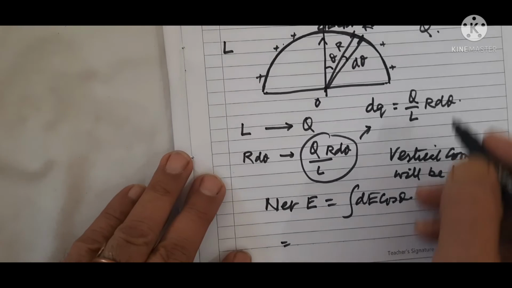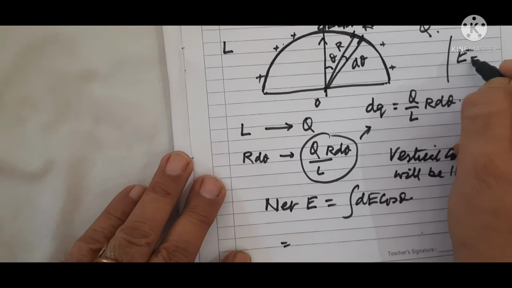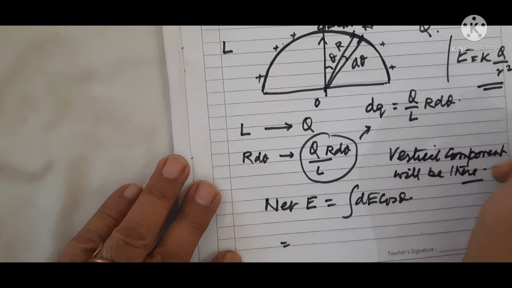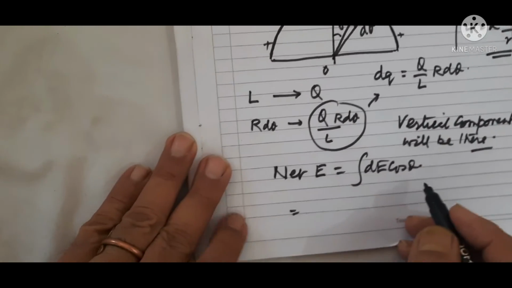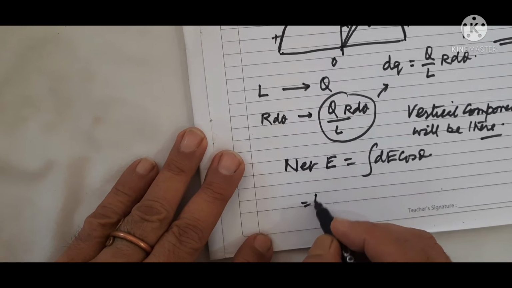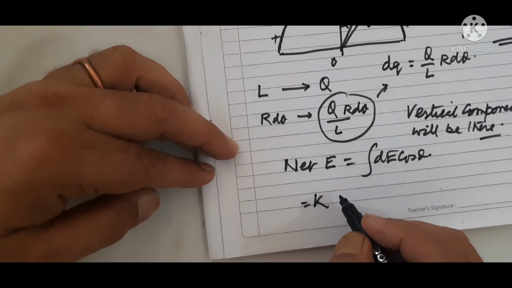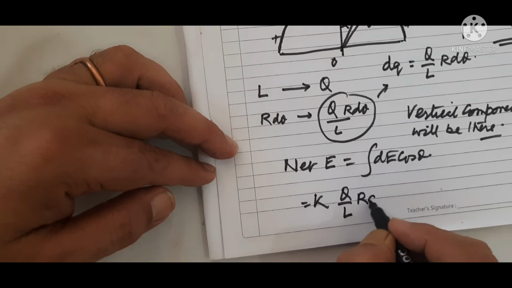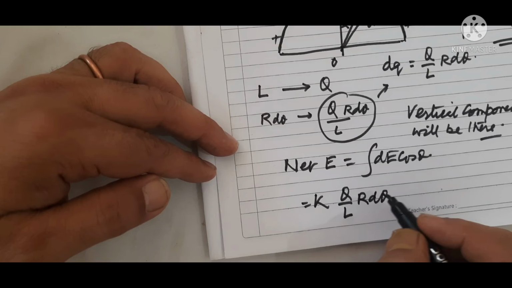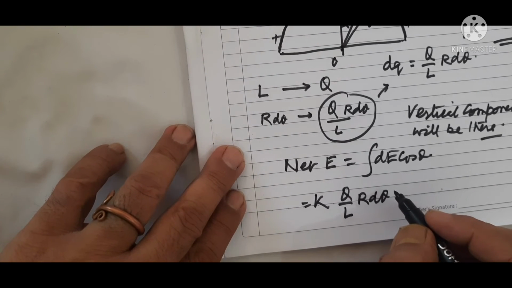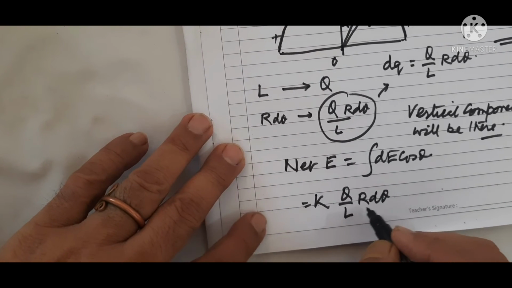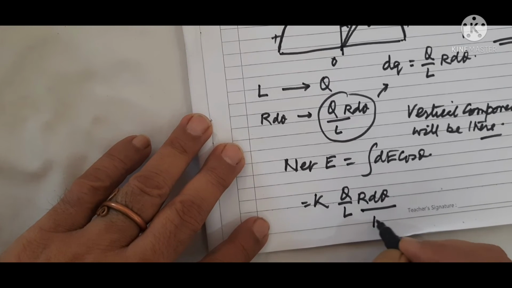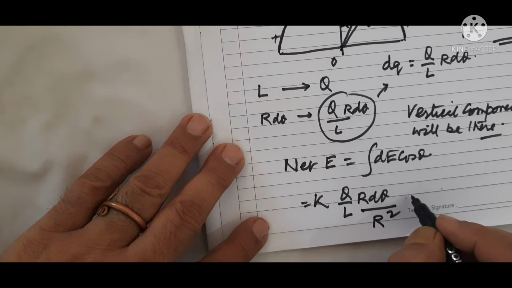We know intensity E is equal to k q by r square, so directly I can write k, q is how much? q is your q by L r d theta, divided by r square, into cos theta.